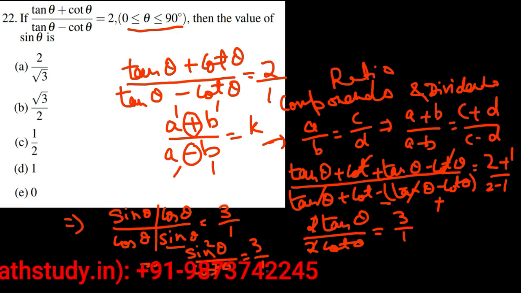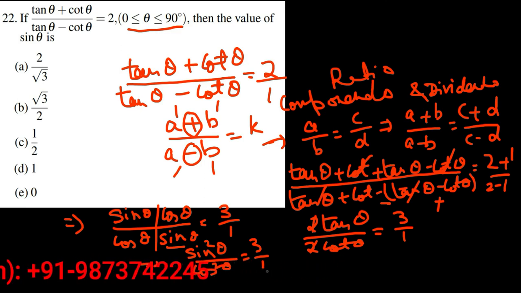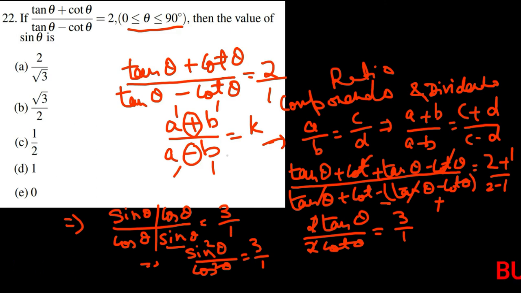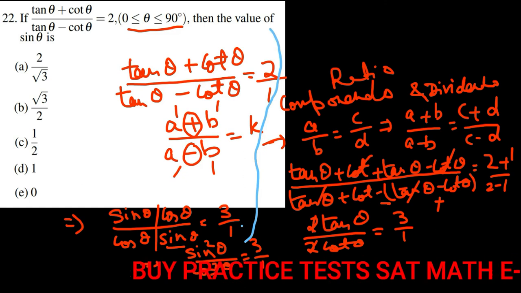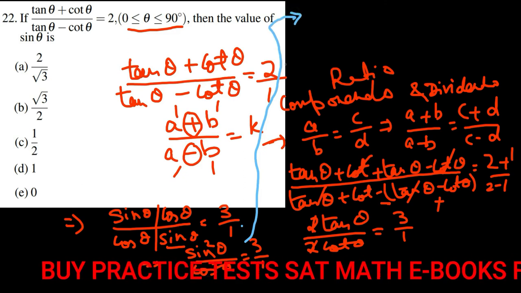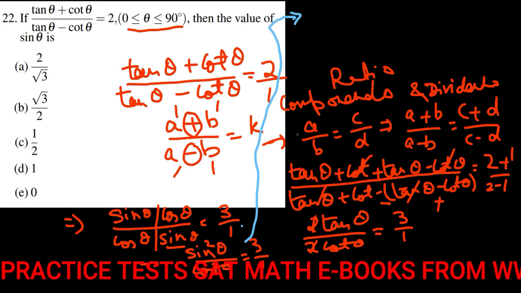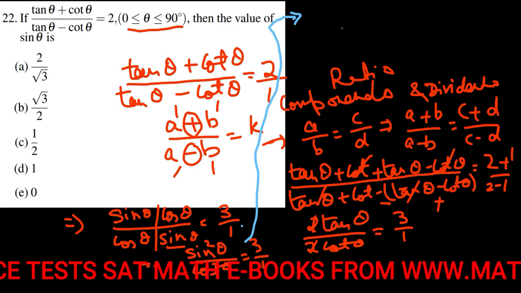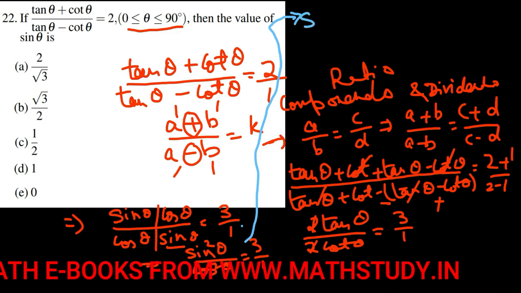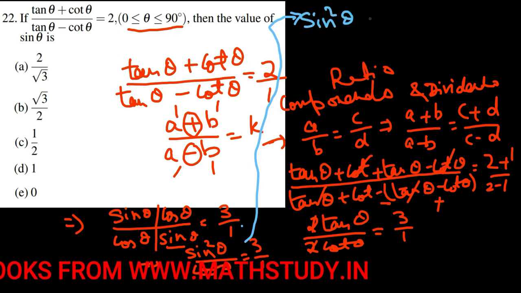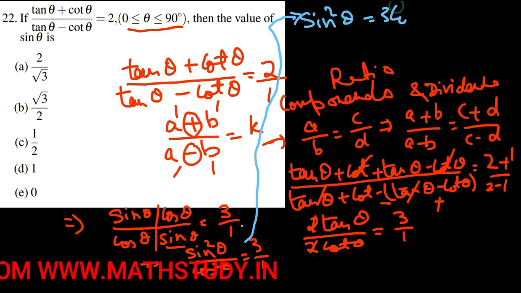So now our equation is sin square theta upon cos square theta equal to 3, and we can write it this way. I'll just highlight it, right? So sin square theta, we have to multiply 3 with cos square theta now, so we can write this as sin square theta equals 3 cos square theta.